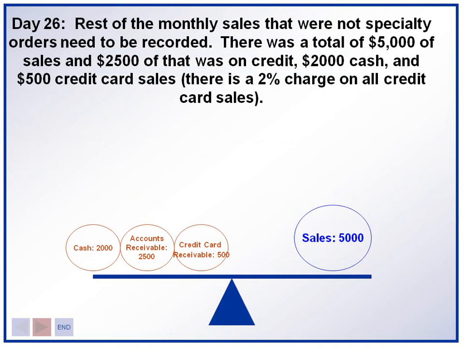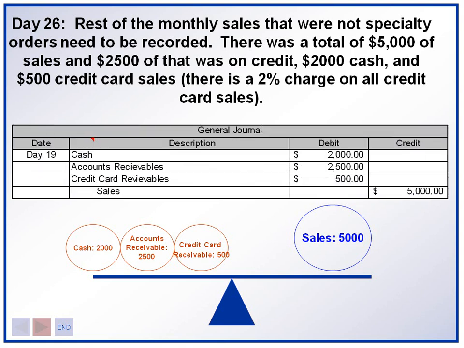Our company records sales monthly, with the exception of specialty sales, which are recorded at the time of sale. On day 26, we are going to record our monthly sales. The sales totaled $5,000 this month. Of that, $2,000 were cash sales, $2,500 were sales on account, and $500 were sold by credit card.